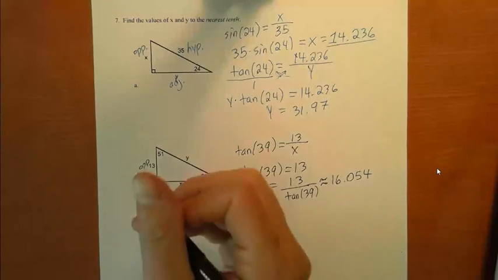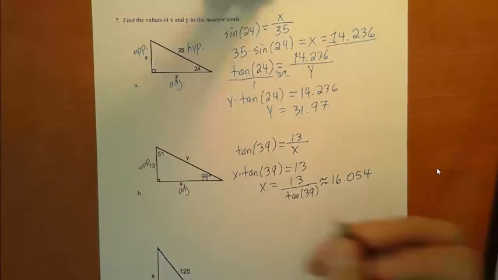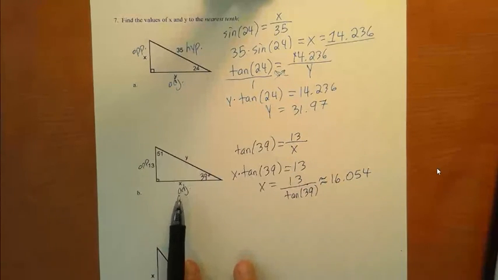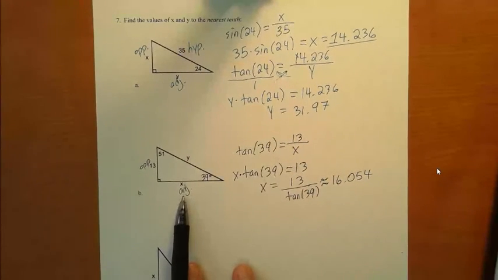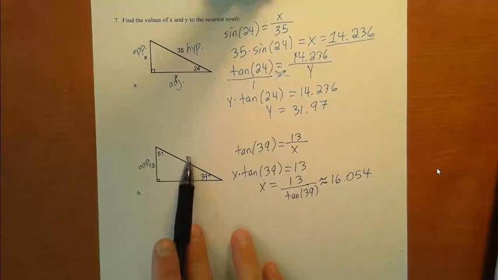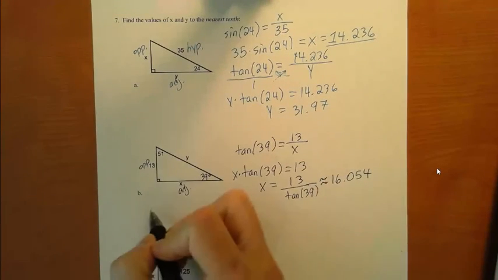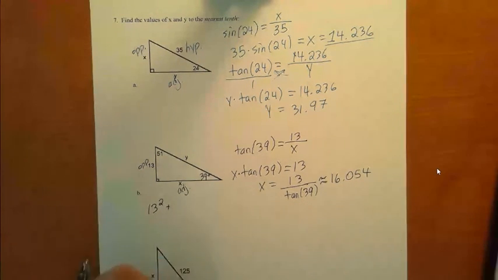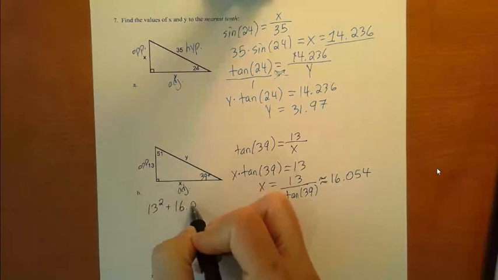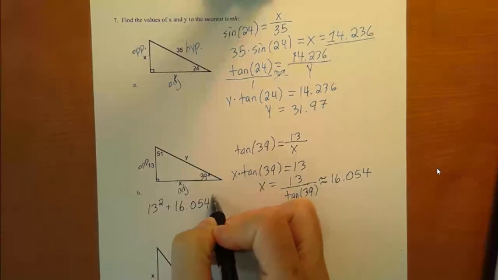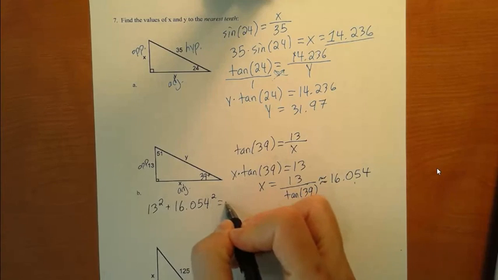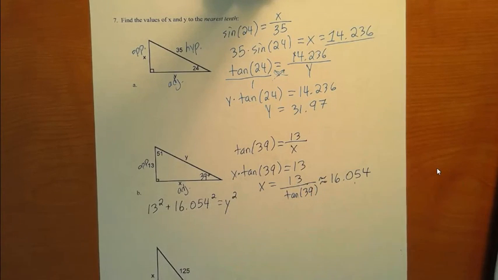Which is basically going to be 13 squared plus our new x squared that we just found is going to give us our unknown y squared. So we can write it as 13 squared plus 16.054 squared from our x value over here. That is going to be equal to y squared.